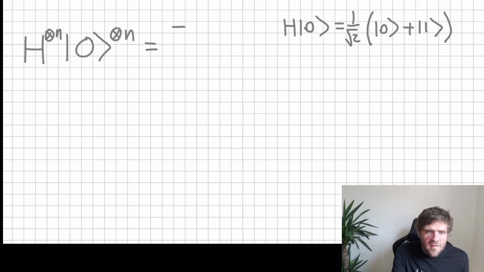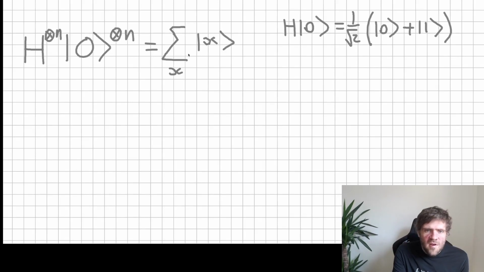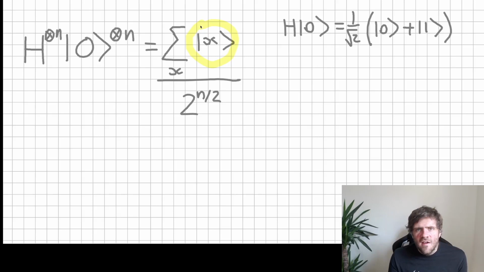So if we do that many, many times for all of these n, then we are going to get another big superposition, and we can write that as a superposition over all x of |x>, all normalized by dividing by 1 over the square root of 2 to the n, where here the x represent bit strings expressed in ket form.